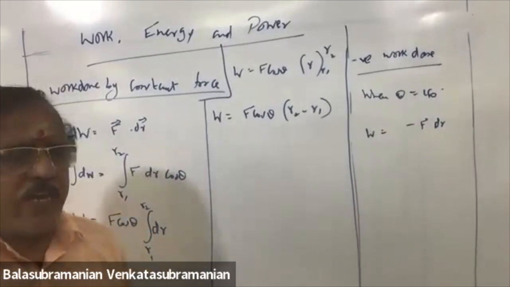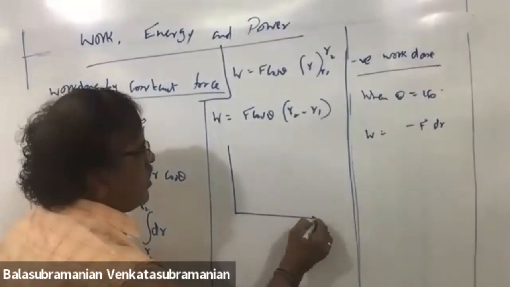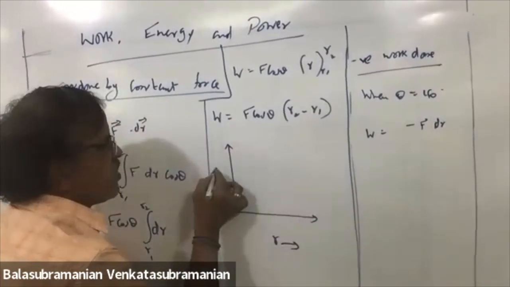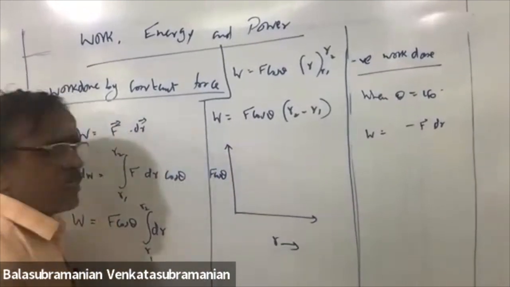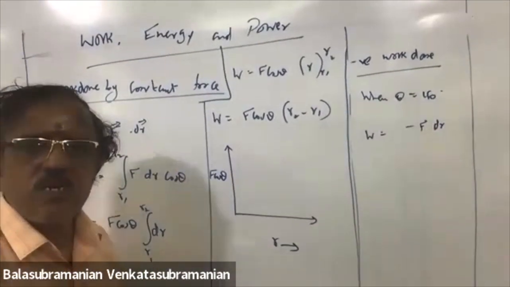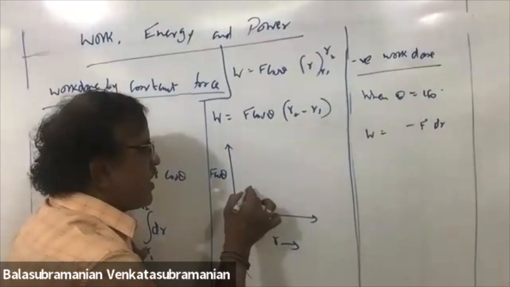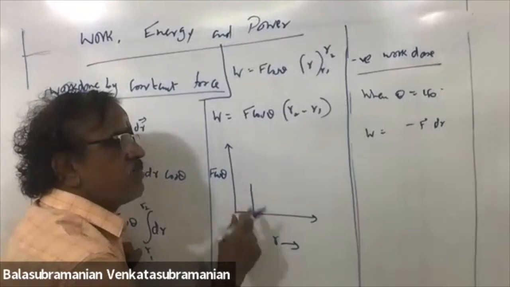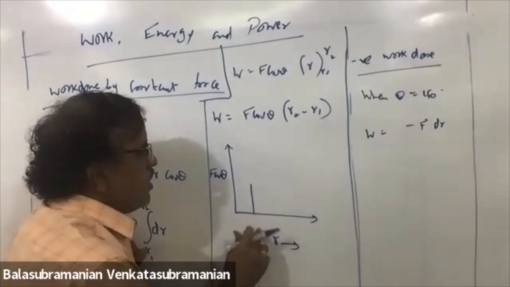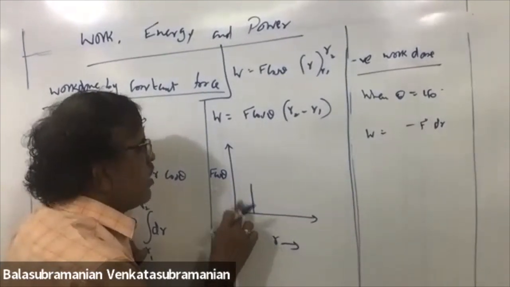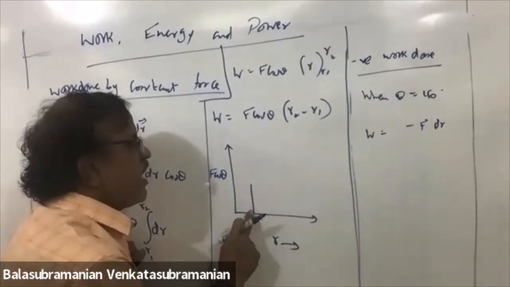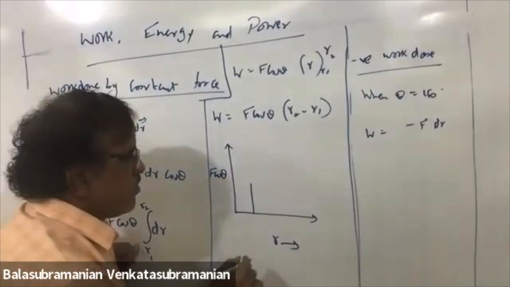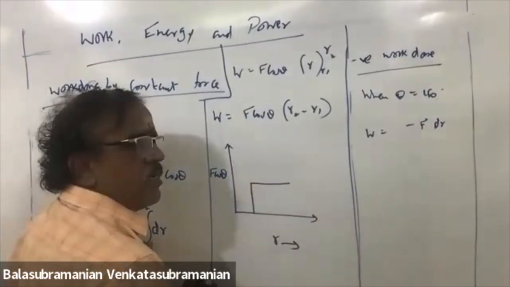Graphically also I can explain. Displacement R is on the x-axis and F cos theta on the y-axis. Displacement is constant, and F cos theta is constant for a constant force.